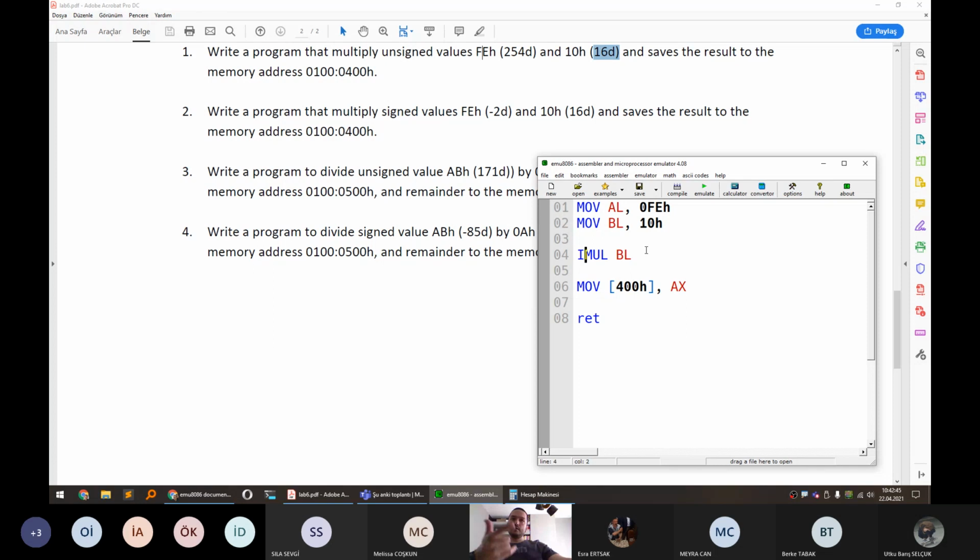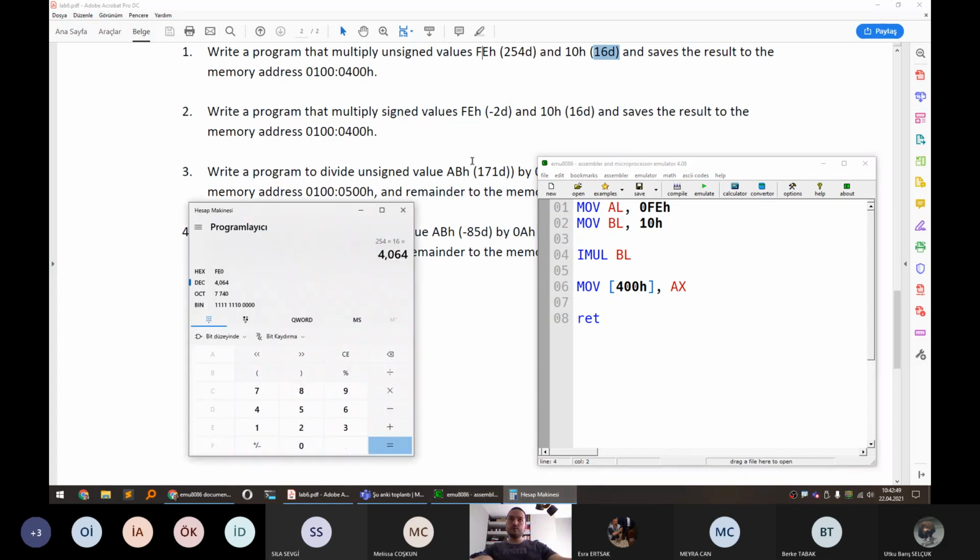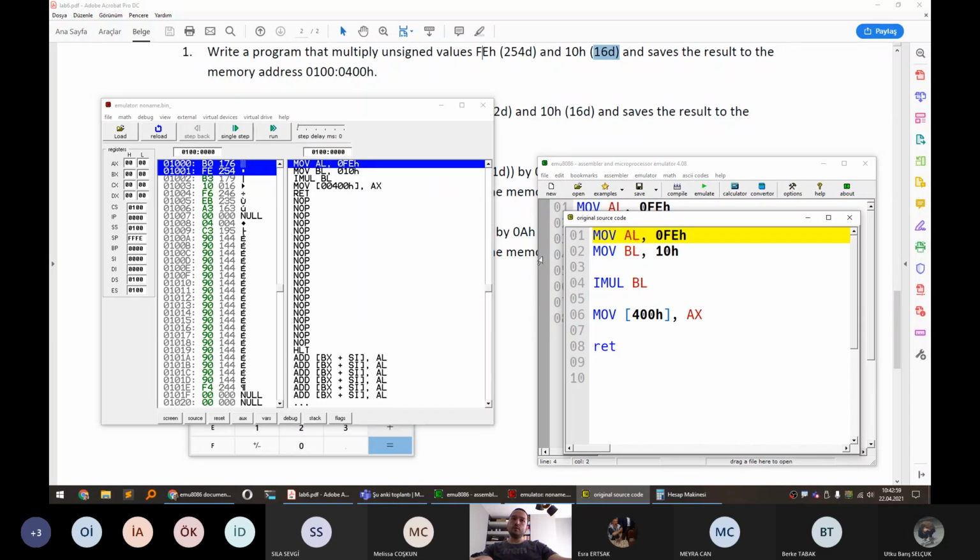This is the correct version of multiplication. The result will be -32. -32 will be FFE0. Okay, let's emulate this code.